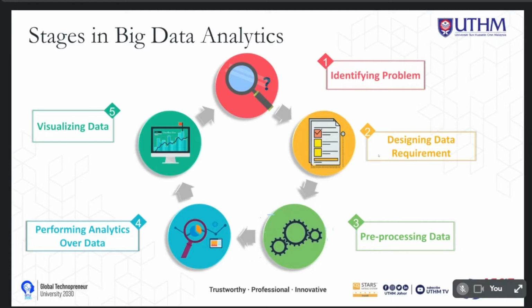So for example, when we are dealing with electrification or rolling stock, then we have to know the technical aspects of the particular component. And then we do pre-processing of data, either structured or unstructured, because from the data, we can translate into meaningful data before performing the analytics of the various data. And lastly, we visualize the data.